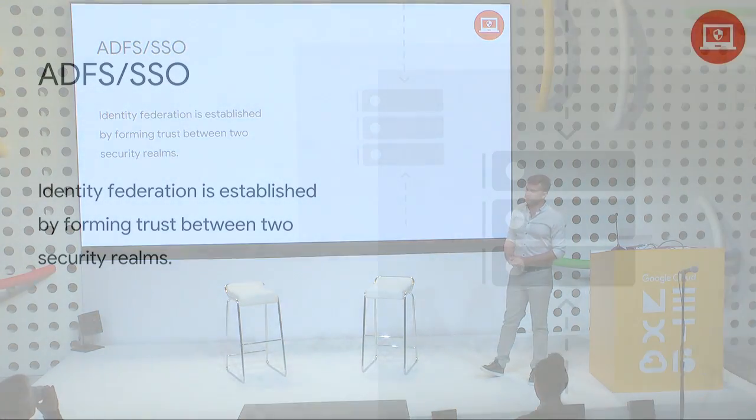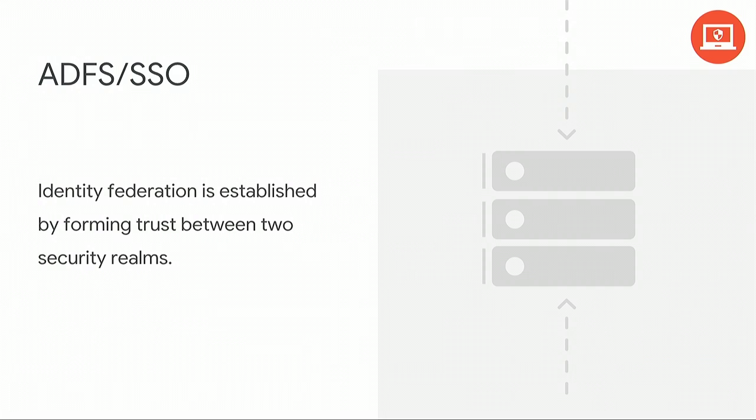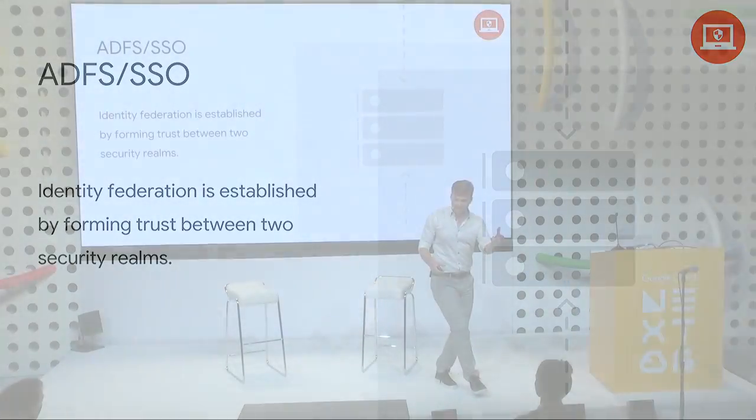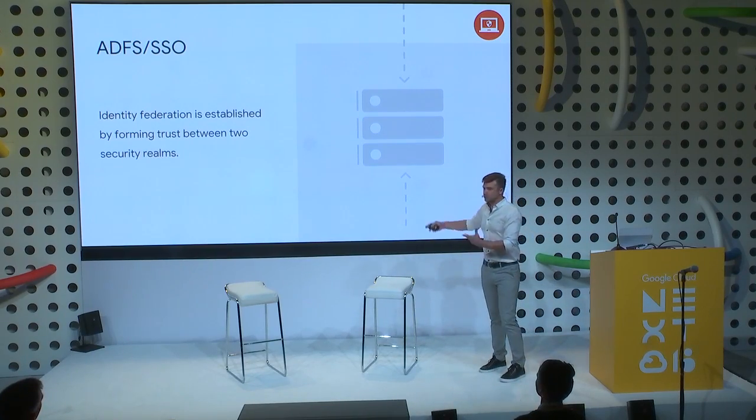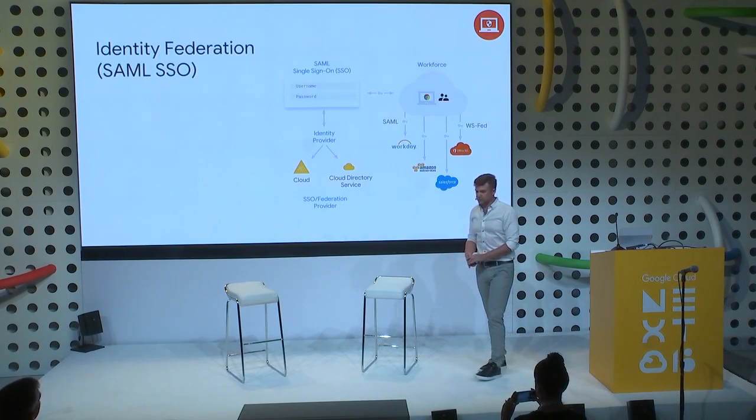And so ADFS is Microsoft's federation via SAML. They use this to create a trust relationship between two different realms: the realm that's internal to the organization, and then some external source that your users are going to be using for all their SaaS applications.